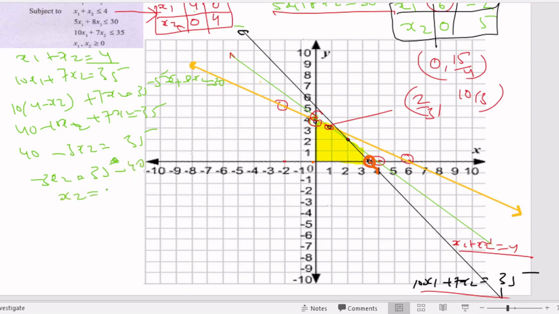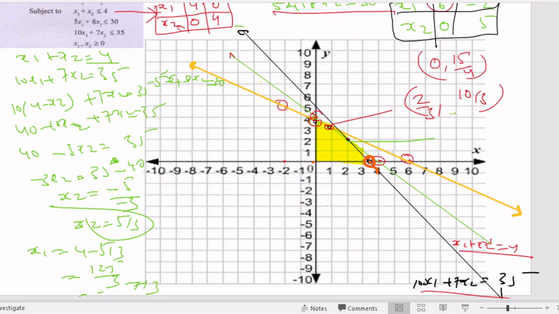So x2 equal to minus 5 upon minus 3. So x2 equal to 5 by 3. Substitute in the equation. So x1 will be 4 minus 5 by 3. So 3 4s are 12 minus 5. So 7 by 3. So this point is what? 7 by 3 and 5 by 3.